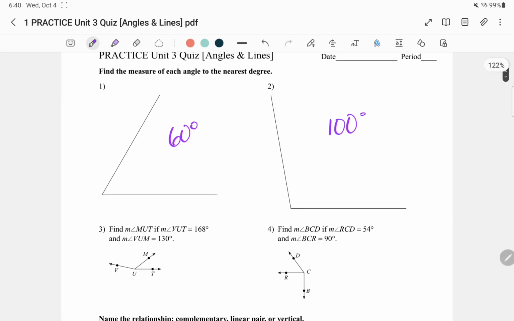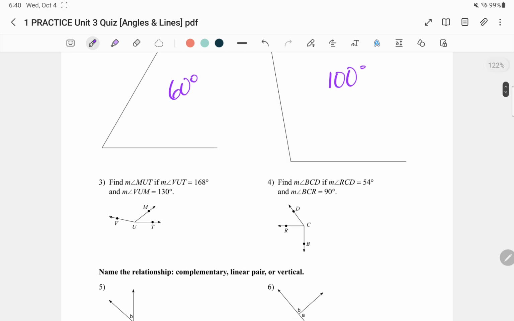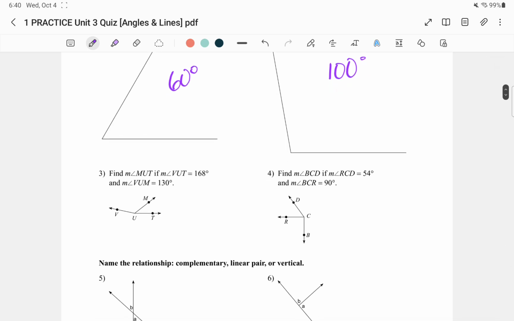All right, so we're going to move on to number 3. And since this is different than Delta Math, we actually have to label our diagram. So it says find angle MUT if angle VUT is 168. So VUT, this whole thing, is 168.